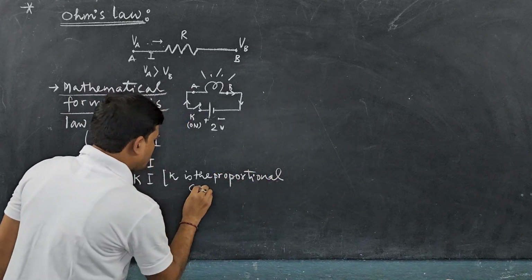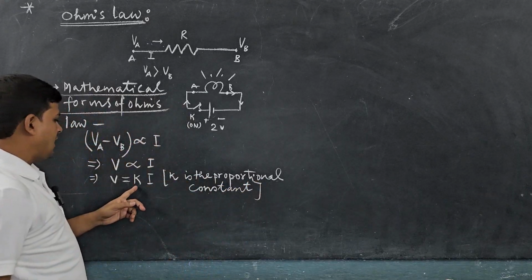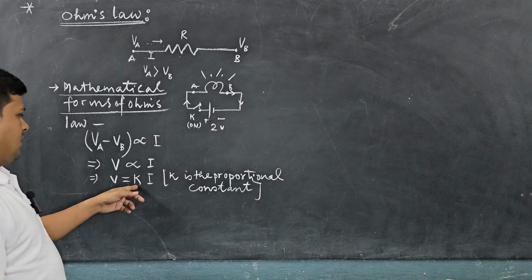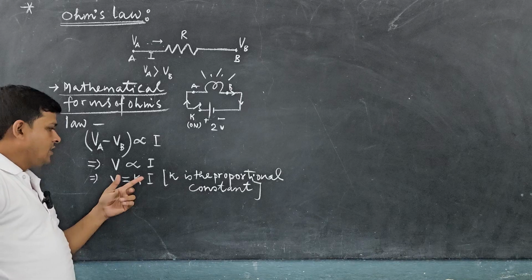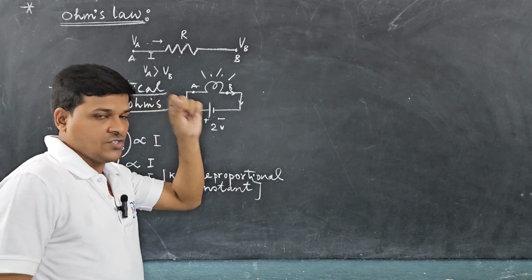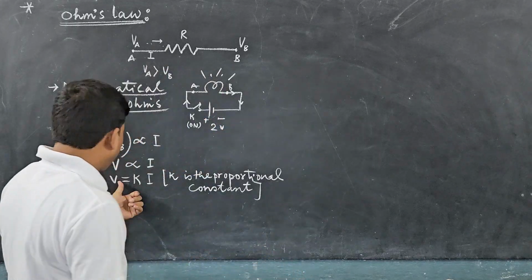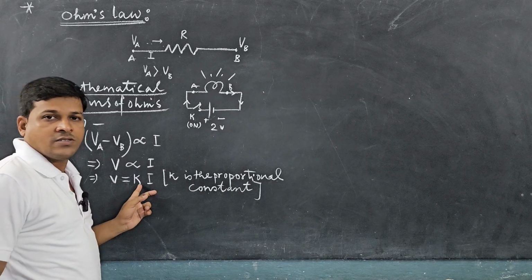K is the proportional constant, and let's see the nature of this K. When the value of I increases for a constant V, the value of K must decrease.